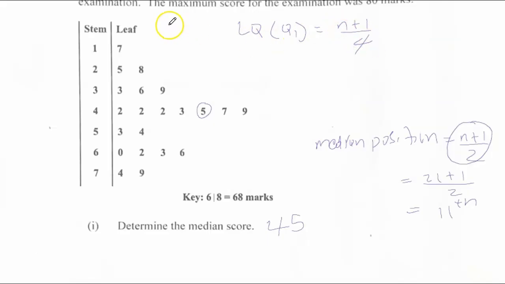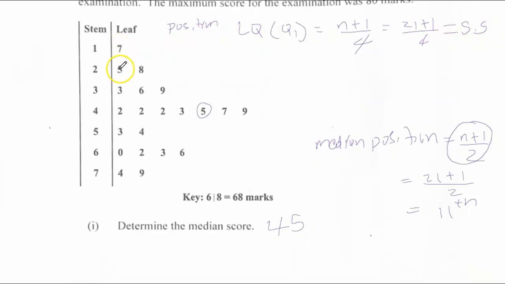And by the way, this formula is for the position. We already know n is 21 values. So 21 plus 1 divided by 4, that's 22 divided by 4, which is 5.5. So 5.5 is between the 5th and the 6th number.